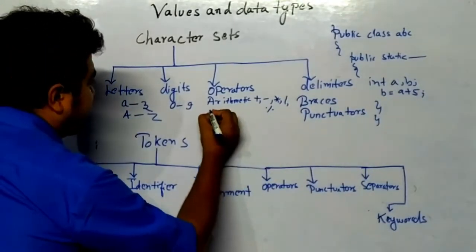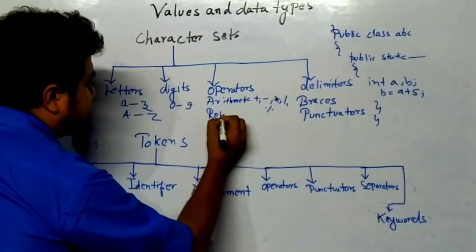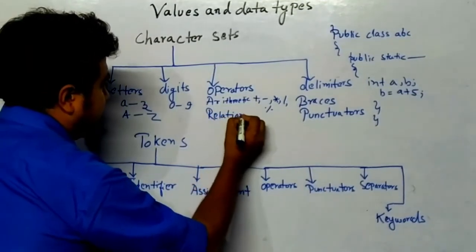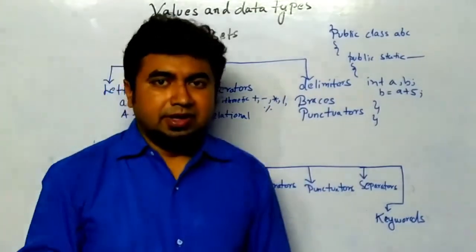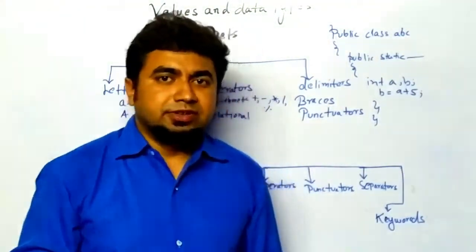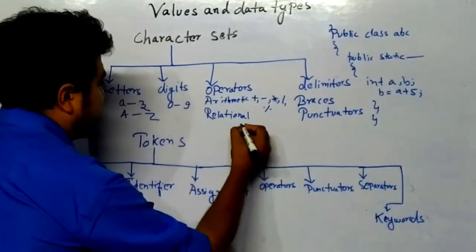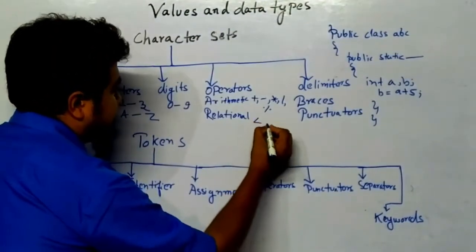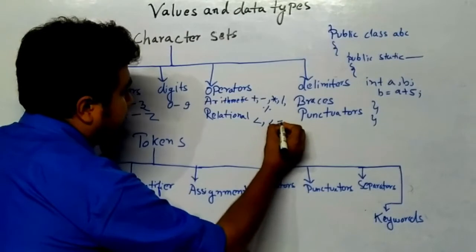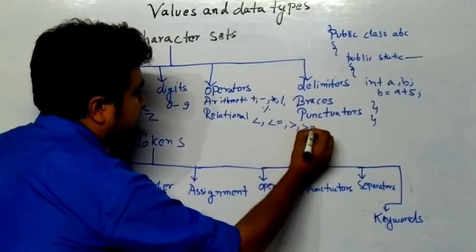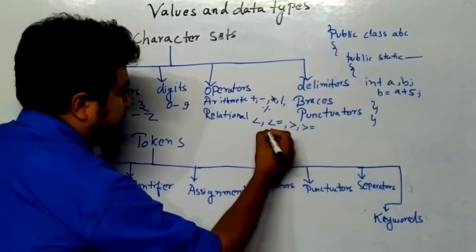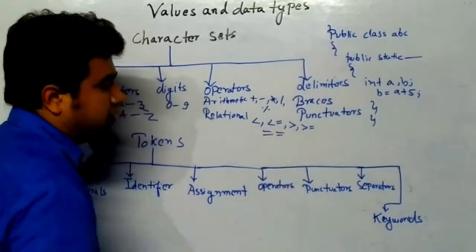These are arithmetic. Then the relational operator is also there. A relational operator compares two variables, like A less than B, A less than or equal to B. This is known as a relational operator. Like this, you have less than or equal to, greater than or equal to, and double equal to is also used.